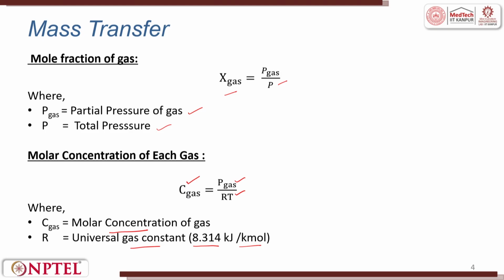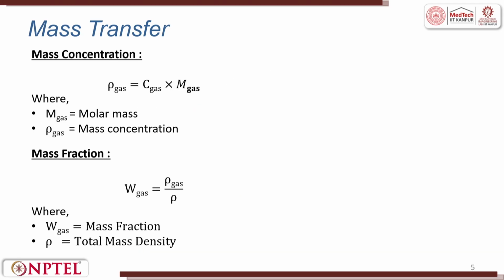When we talk about molar concentration, we shall also discuss mass concentration and mass fraction. Mass concentration, that is rho gas, is equal to C gas into capital M gas, where capital M gas is molar mass of the gas and rho gas is mass concentration. Let us be very careful.